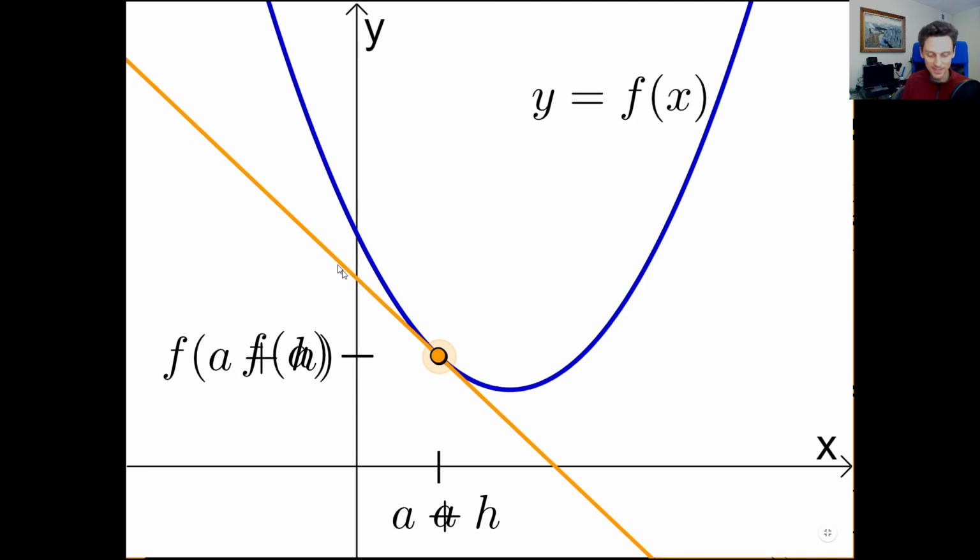And in the limit, it's actually never exactly on top, but in the limit, it gives you the slope of this tangent line. Looks like it has a negative slope because it's going down as you go to the right. And all these text fields collided with each other, a and a plus h, they all collided.